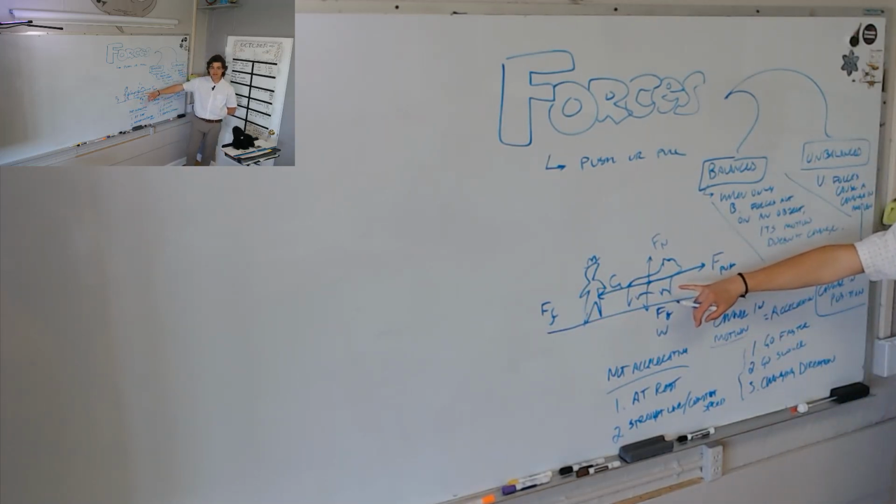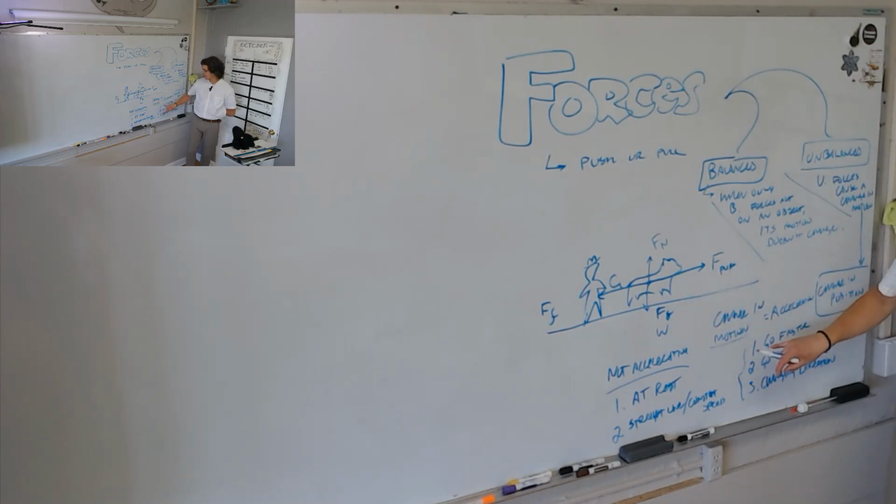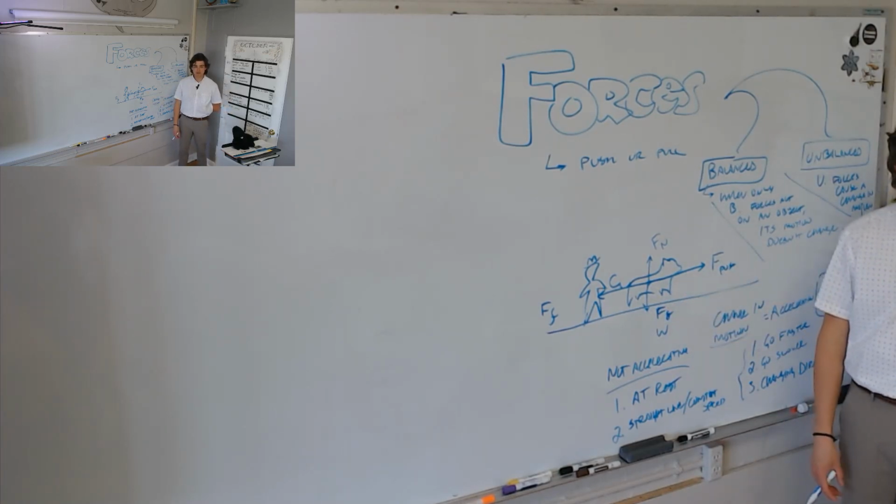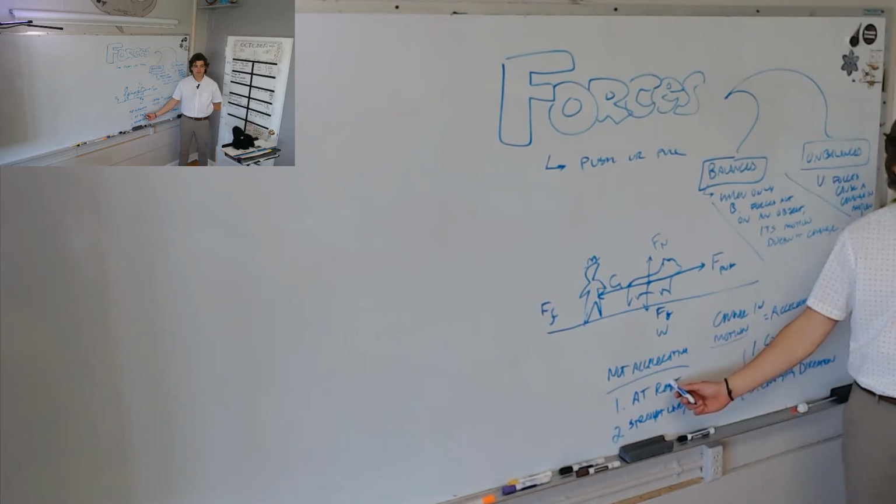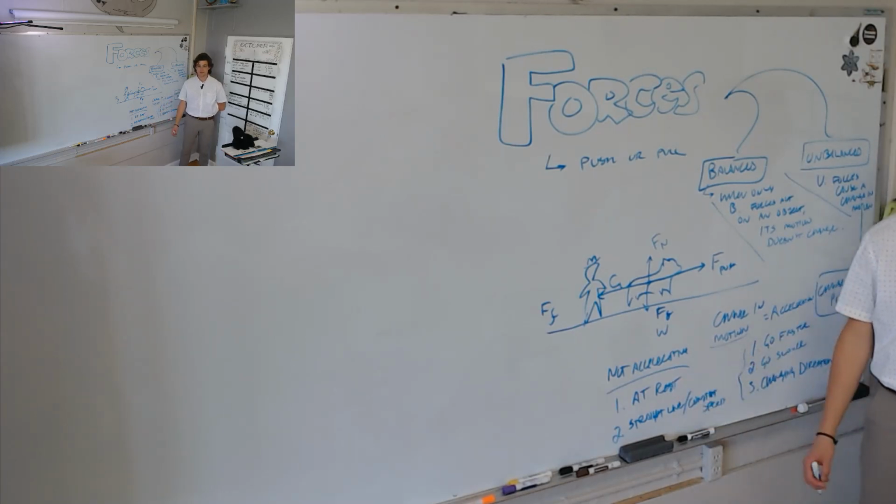Can we tell from the diagram if this pig is moving? Nope. We can't tell whether it's moving or not, but we can tell it's not changing its motion. It's not accelerating, right? So what are the two things this pig could be doing? It could either be sitting completely still, or it could be moving in a straight line at a constant speed.